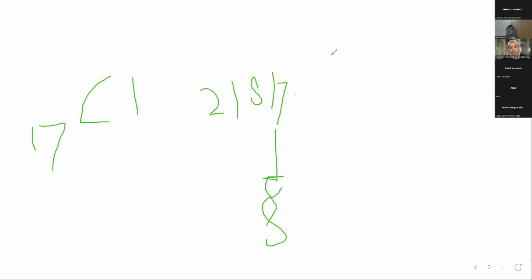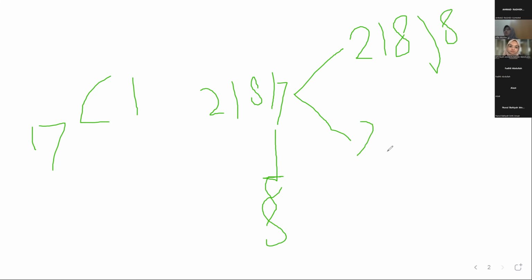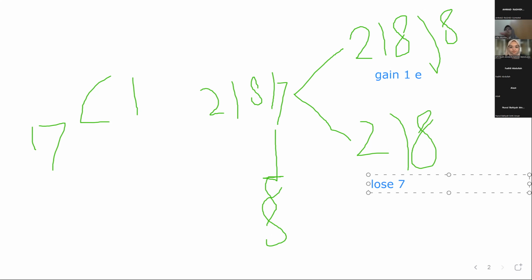So they also have 2 possibilities. How do you think? 2, 8, 8, or 2 and 8. That's right. And this is gain 1 electron. This is lose 7 electrons.